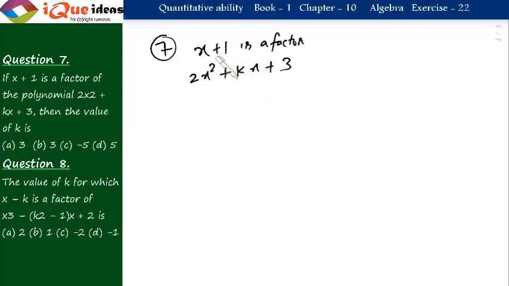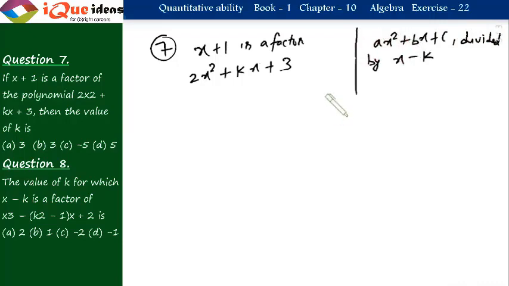Now remember, how do you find remainder when a polynomial is divided by a linear expression? Okay, I'll just tell you. If there is a 2-degree polynomial ax square plus bx plus c divided by x minus k, then how do you calculate the remainder?